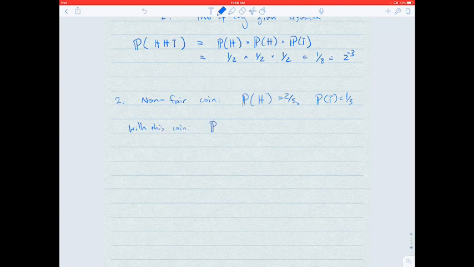So with this coin, if I repeat my calculation, probability of heads, heads, tails, again because of independence, is the probability of heads times the probability of heads times the probability of tails. Okay, so let me note this equality is because flips are independent.